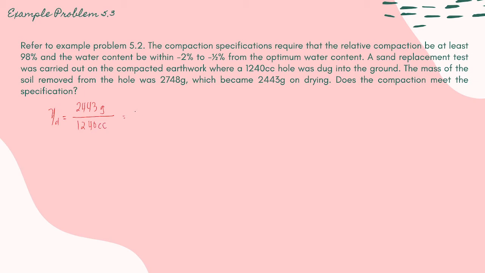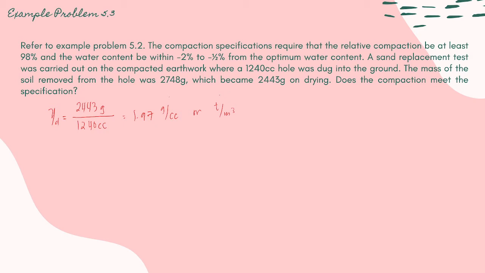So this is equal to 1.97. And we can express this as grams per cubic centimeter or tons per cubic meter. So if you try to convert, these two will be equal.